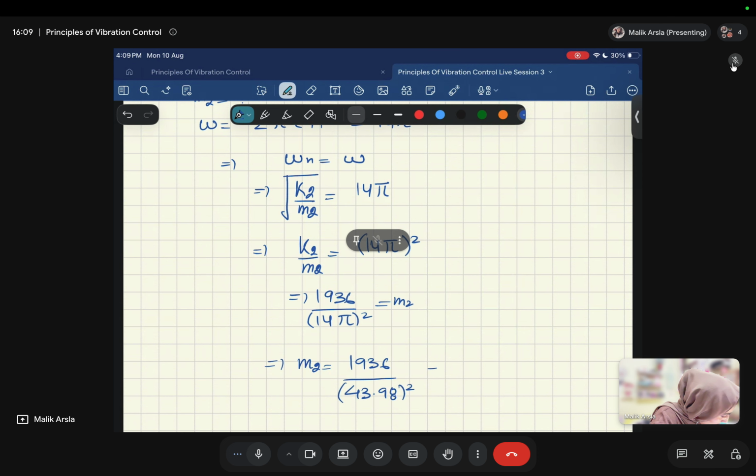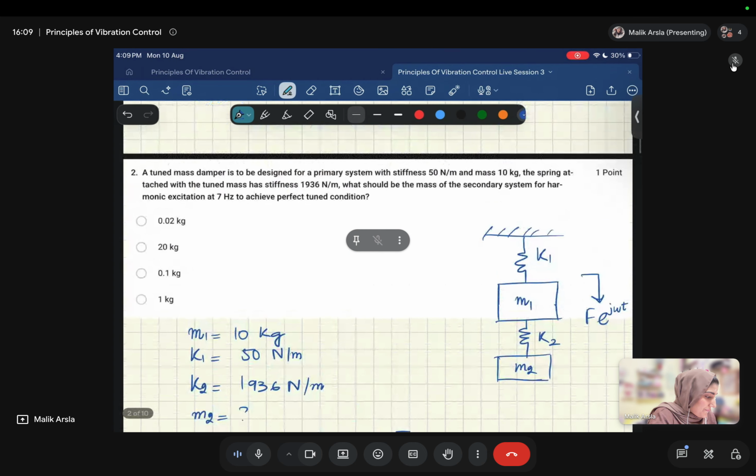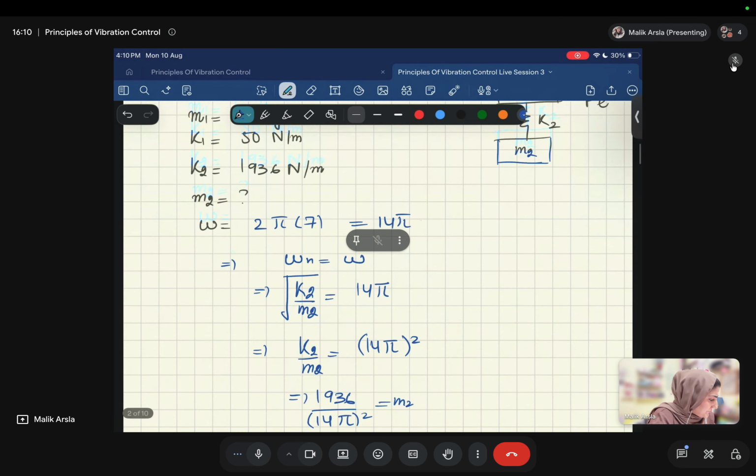Okay. So this is 1936 upon, okay, the answer is coming out to be 1. It should be 1934.7, which can be approximately said to be 1. So the fourth option is the correct option in this case.